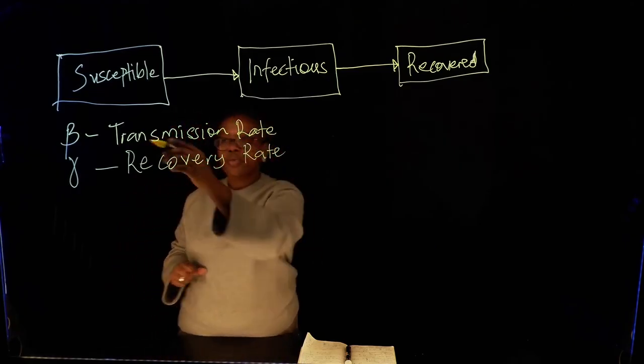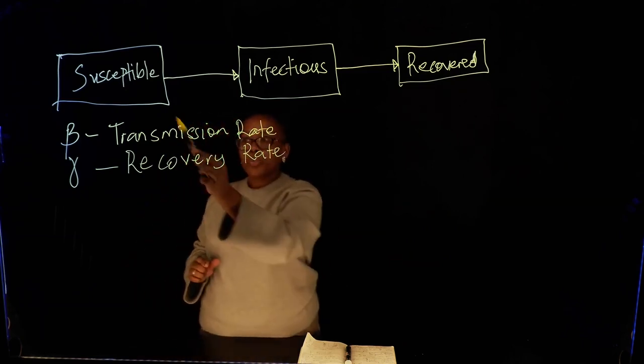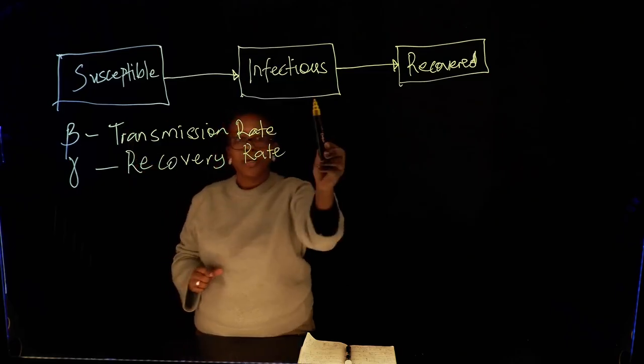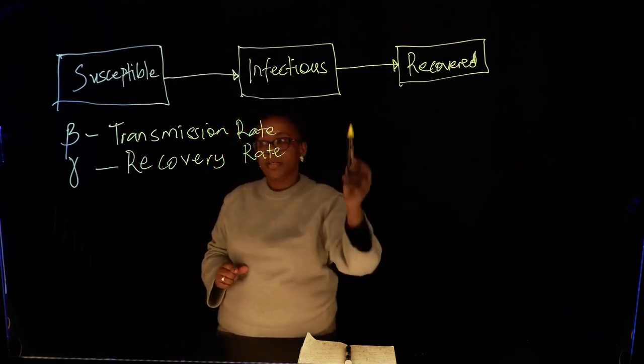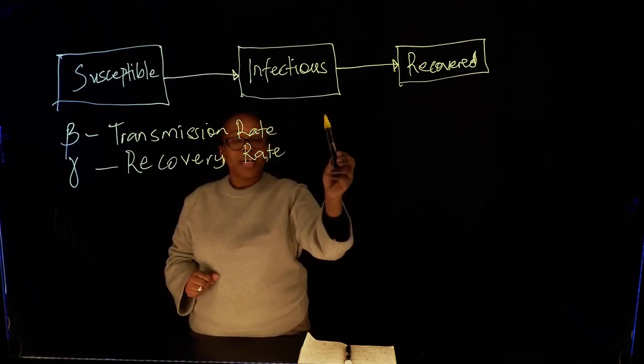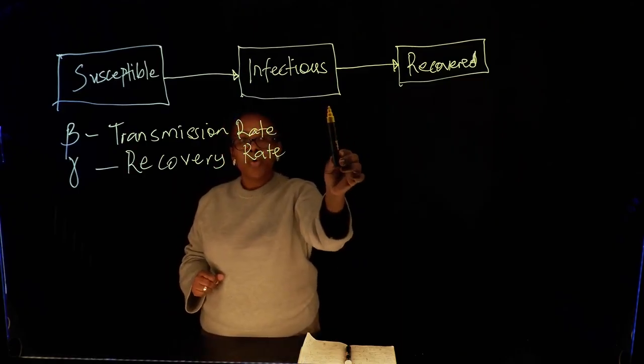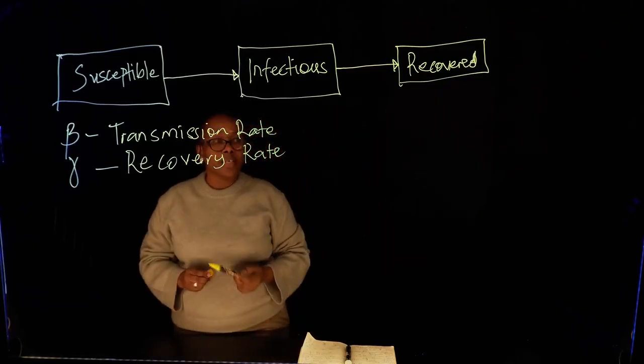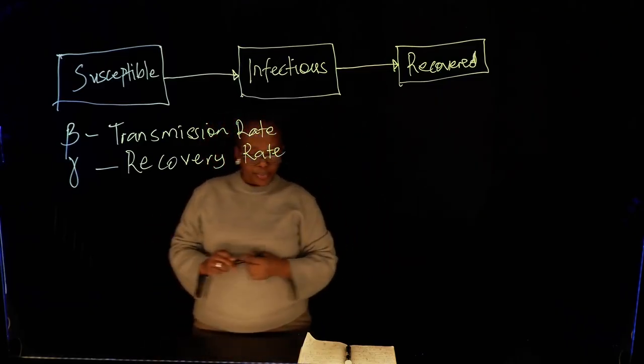So the transmission rate is responsible for someone moving from the susceptible compartment to the infectious compartment, and the recovery rate is responsible for someone who is infectious moving to the compartment of the recovered.